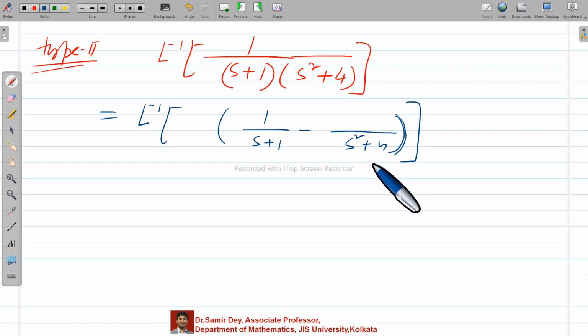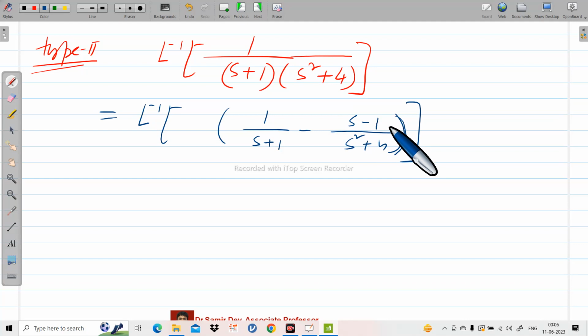Okay, clear? So in the next step, whatever expression you have in the linear factor, such as s plus 1 or s minus 3, you have to write just the reverse of it. That means it should be s minus 1. So here you have s plus 1, and you should write s minus 1, correct? If you have s minus 3, you should write s plus 3 here.